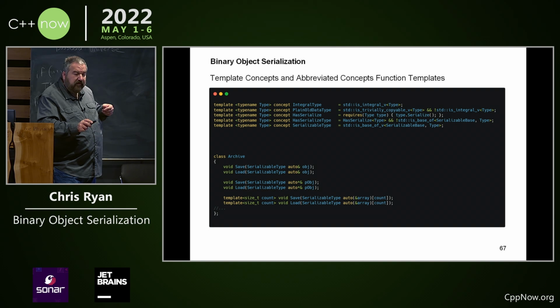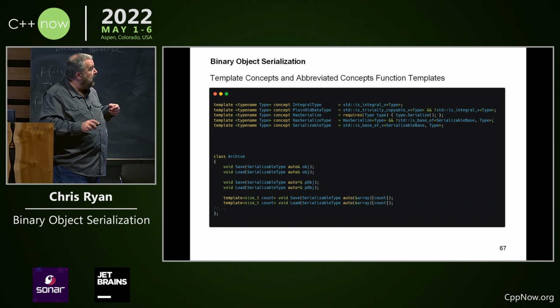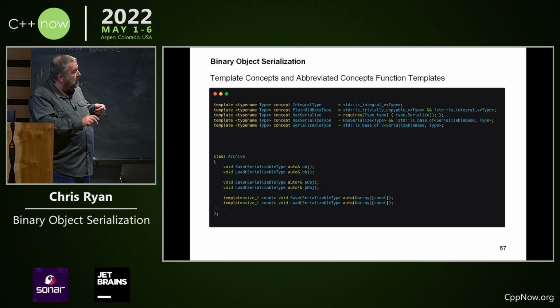One thing I need your guys' help with, and I think this is just a failure in abbreviated concepts functions: I have all my functions that handle arrays, which have types and sizes. I still have to have the template for the count of how long an array is. Does anybody know how to do this for an abbreviated type with concepts? So you can say serializable auto array, that's a type, and the count without having to do a template size? Or is that beyond the limitation of abbreviated concepts?